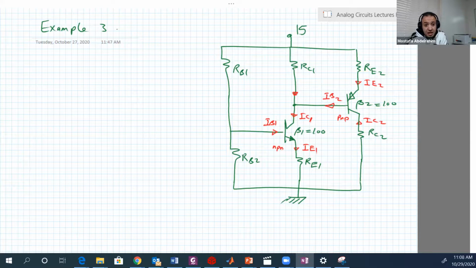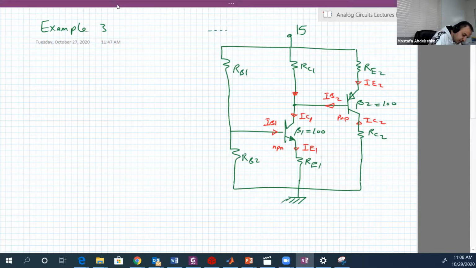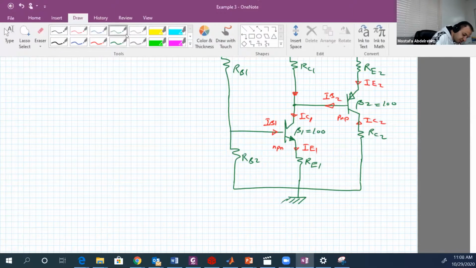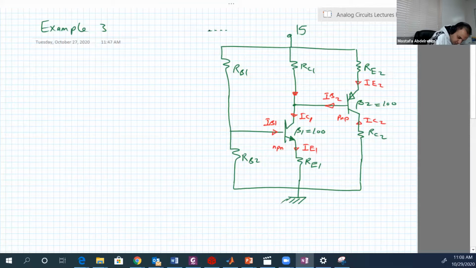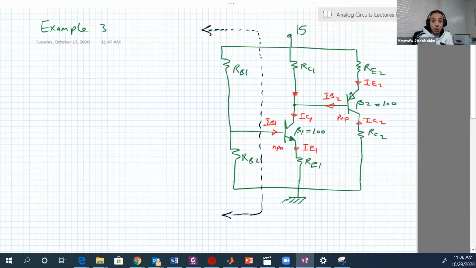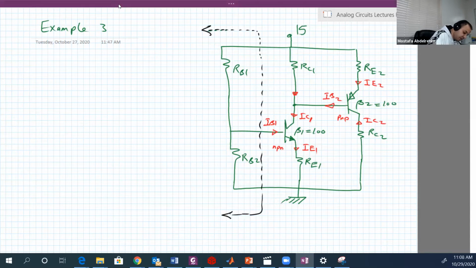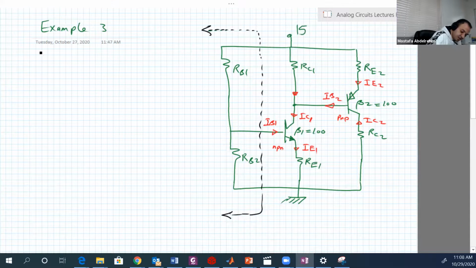So one easy step here is to replace that part. We can redraw it in that way to make it more clear for you.